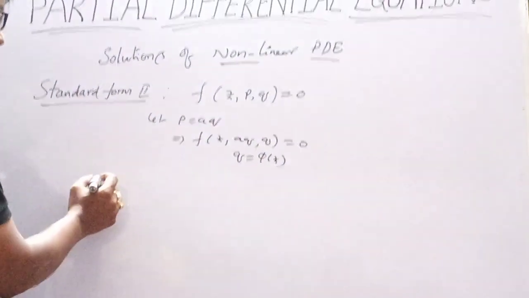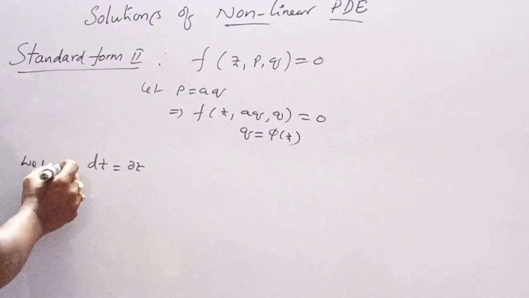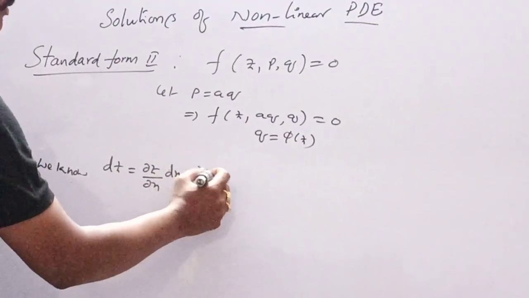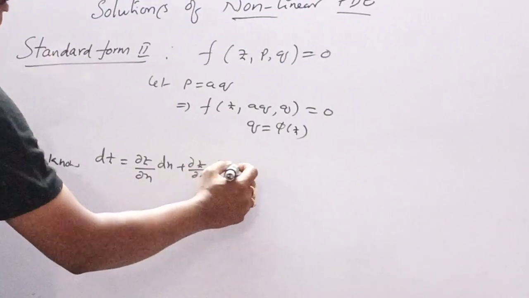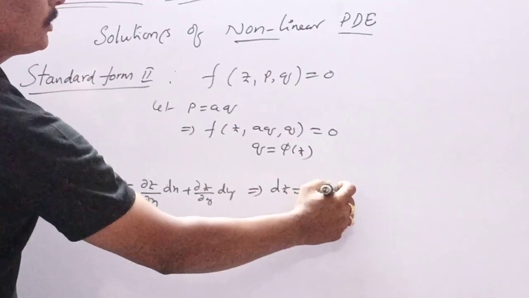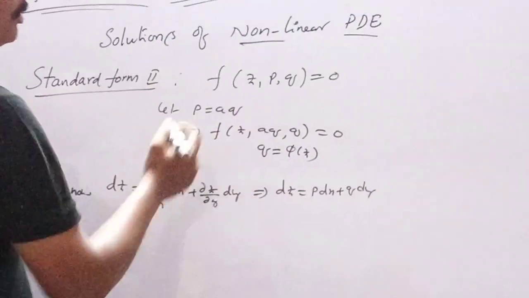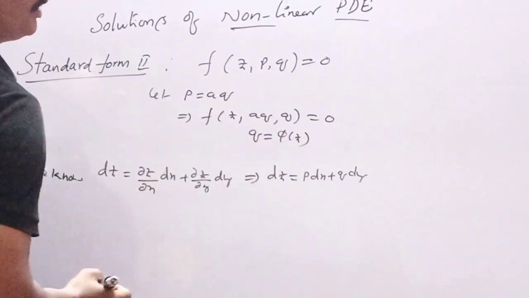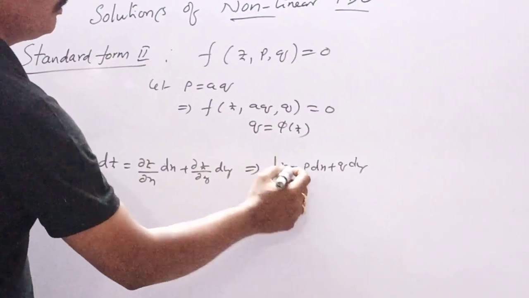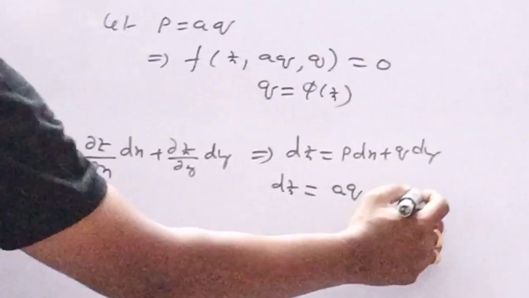As we know dz equal to dou z by dou x into dx plus dou z by dou y into dy, implies dz equal to p dx plus q dy. So write p equal to aq, but q equal to phi of z. So dz equal to, what is p? aq plus q into dy.